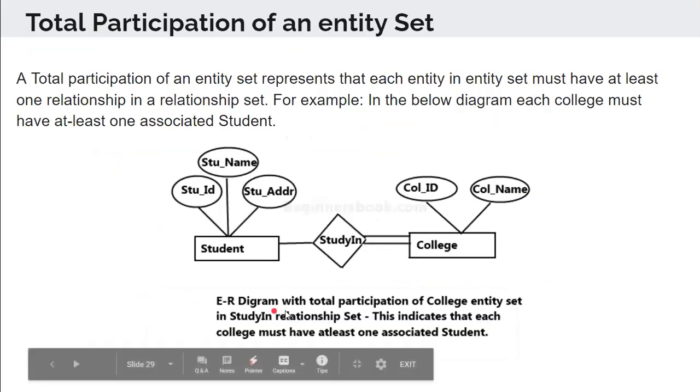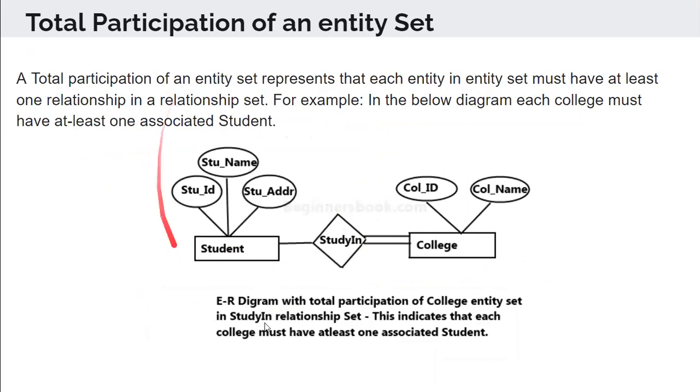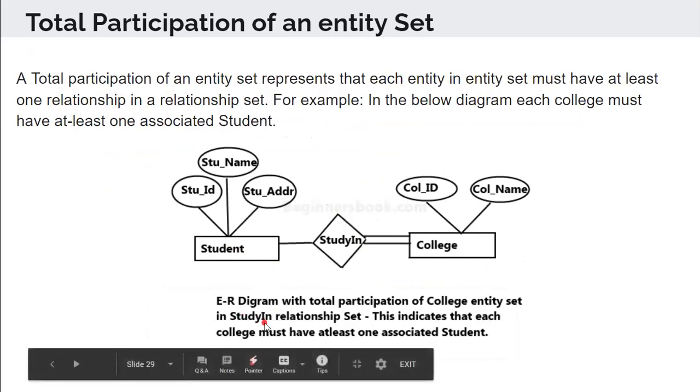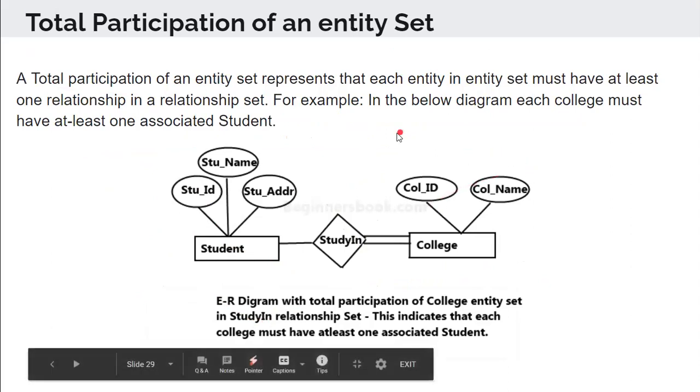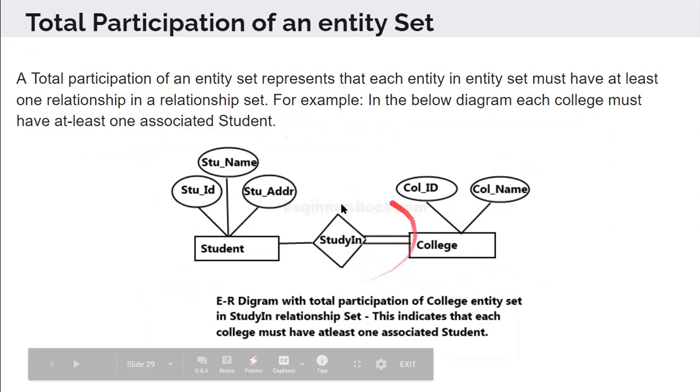Now this is the example of total participation of an entity set. Total participation of an entity set means that each entity in the entity set must have at least one relationship in a relationship set. For example, what is being shown here? Here we have student and on this side college. So at the college we have total participation.